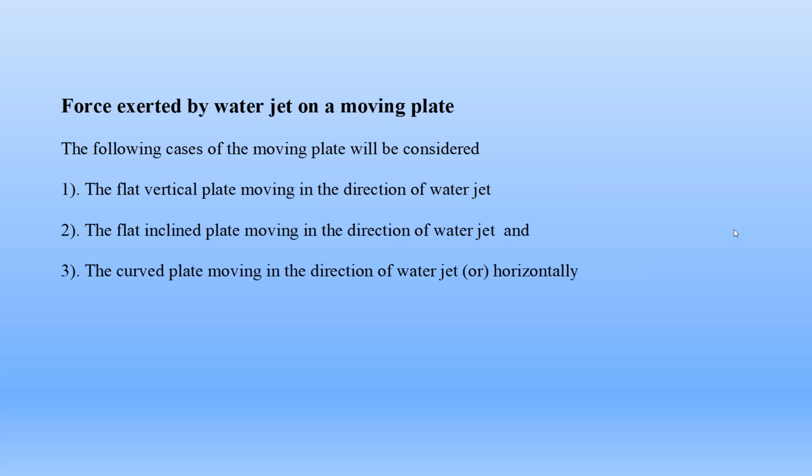Third condition, a curved metal plate either moving horizontally or in the direction of the water jet. For all these conditions, we are going to discuss the equations of forces exerted by the water jet on the metal plate.